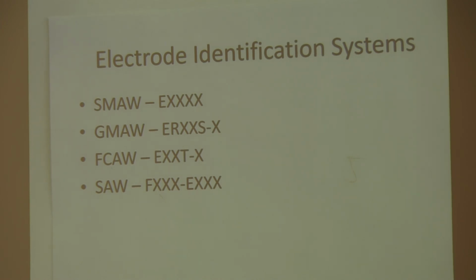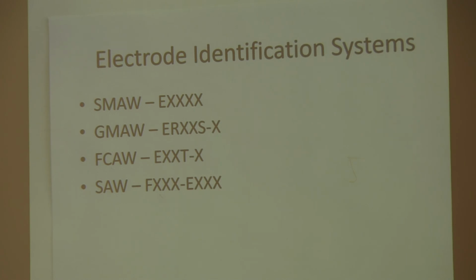well, it can actually be used in all positions. One refers to all positions in these systems. And then the 8 in a 7018 actually refers to the fact that it's a low hydrogen electrode. So the last digit is a coding or operating characteristics identifier.